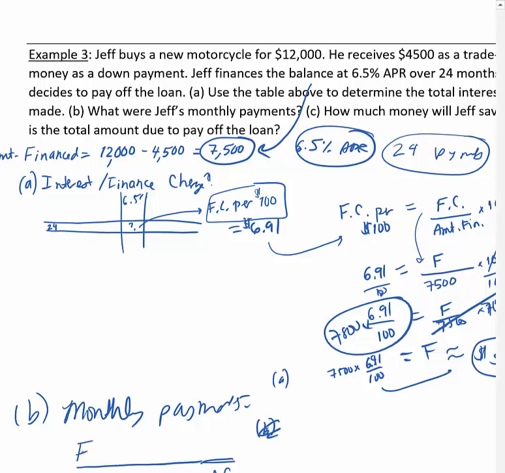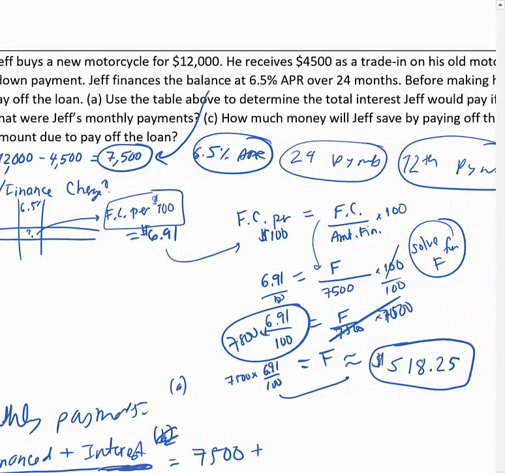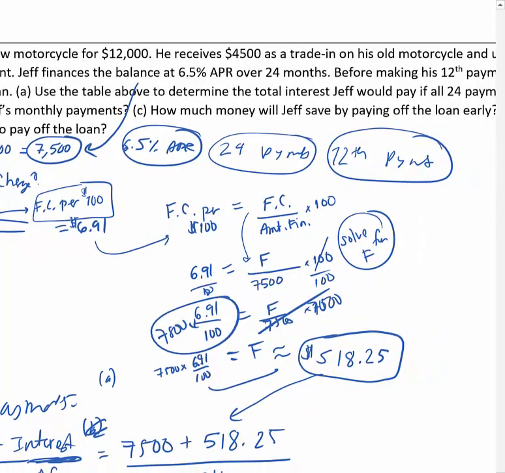Okay, how much is he financing? Amount financed. But that's not all he's paying. He's also paying the interest. So it's all the money that he's paying, which is the interest plus the amount financed, divided by the number of payments he's making. So okay, the amount financed was 7,500 plus, we just found the interest or the finance charge, whatever you want to call it, 518.25 over 24, the number of payments.